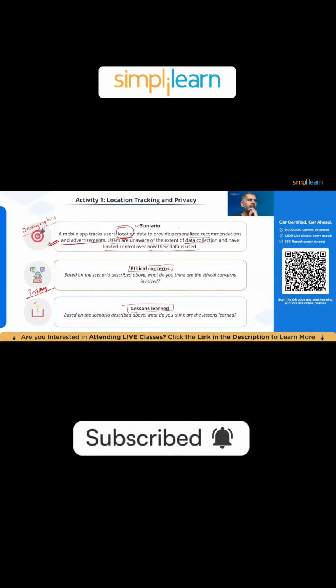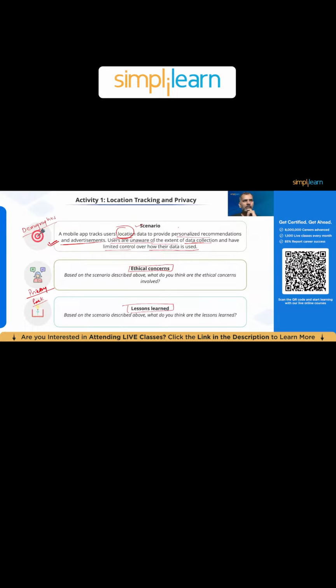If you do not know to what extent the data is being collected and used, can I say that transparency is also not very much available here? If you are using this for personalized recommendations and advertisements, what is the issue related to that? Security is also involved. You are putting a surveillance kind of system. You are tracking the personal location.